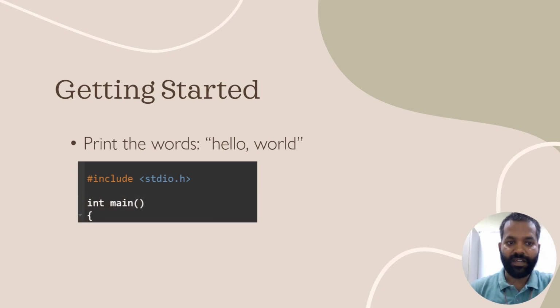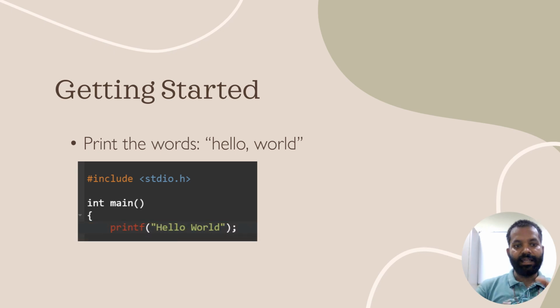Next, the main function. First we include the header file, then the main structure starts. We are going to follow int main, then you have to write printf. printf is another keyword, basically a library function, with the help of which we write or print any statement.